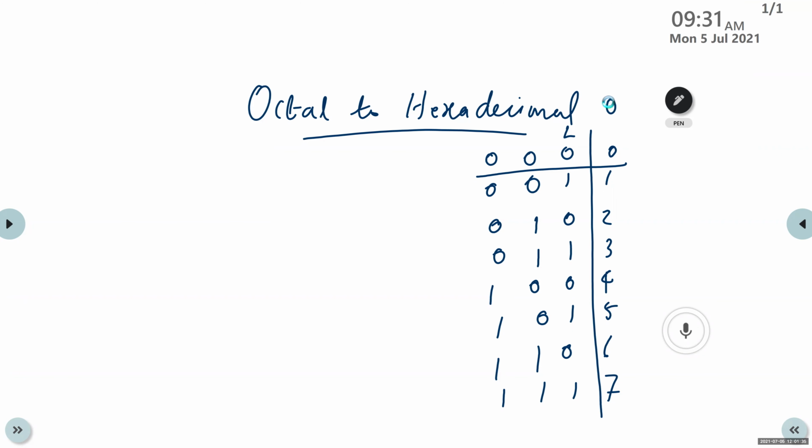Okay. So for octal to hexadecimal conversion, I will write one number, 762 to the base 8. How can we convert this octal number to a hexadecimal number? You just write the 4-bit table also. This is the 3-bit table.